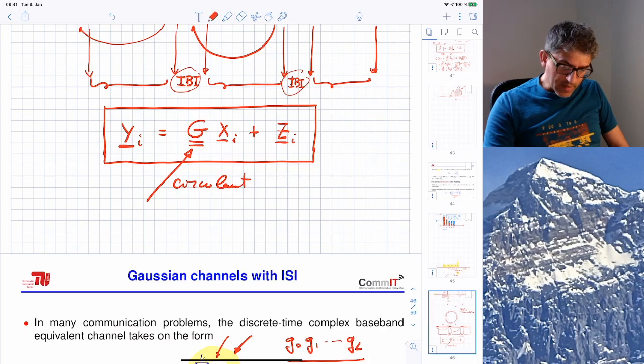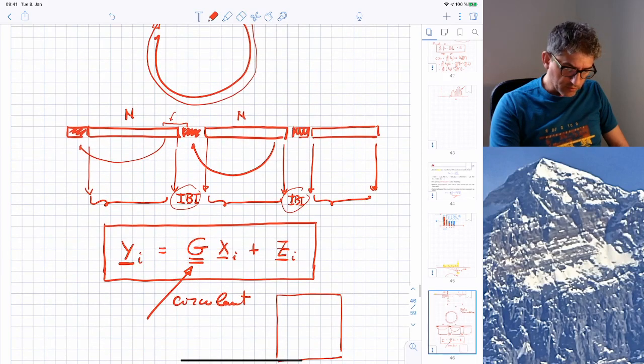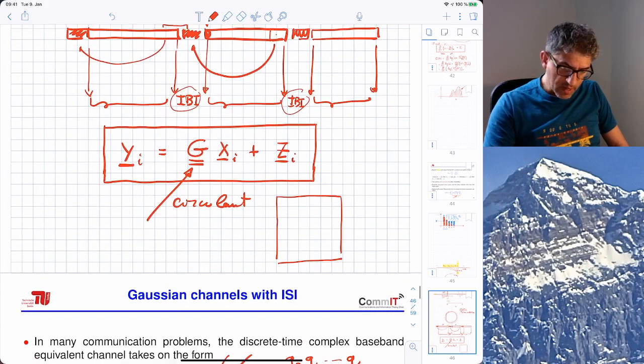Circulant means that the first element contains, look at this picture, the contribution of the first symbol here and the last L symbols here. So it's done by G0 here, all zeros, and then G_L to G_1 here. The next row corresponds to a cyclic shift of this row to the right.